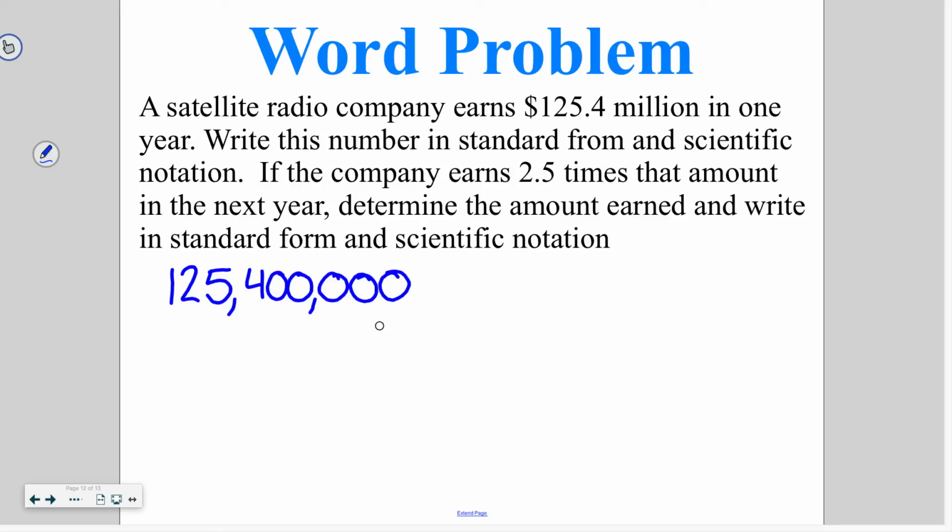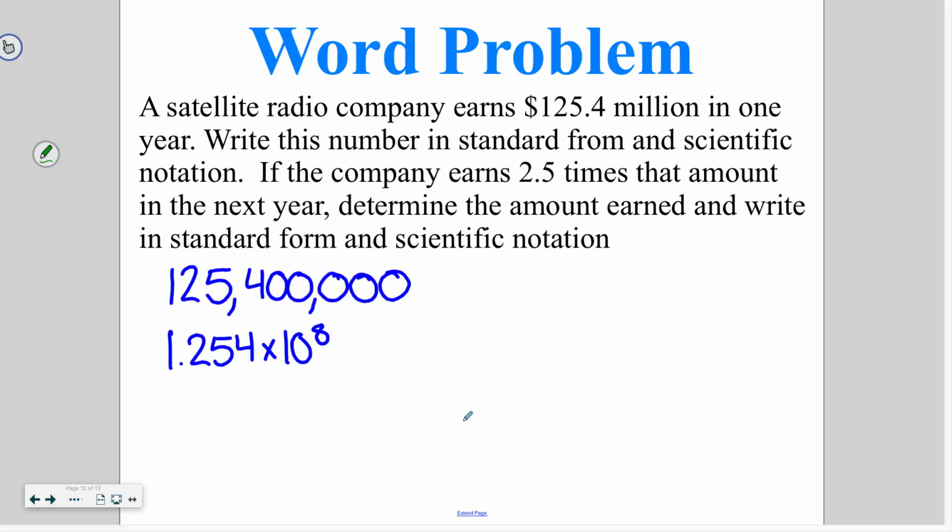The 0.4 then means it's in the thousands. So I'm going to take this and turn it into scientific notation now. So 1.254 times 10, and then I need to count up my zeros. So I've got 5 zeros and 3 decimal places for a total of 8 in my exponent.